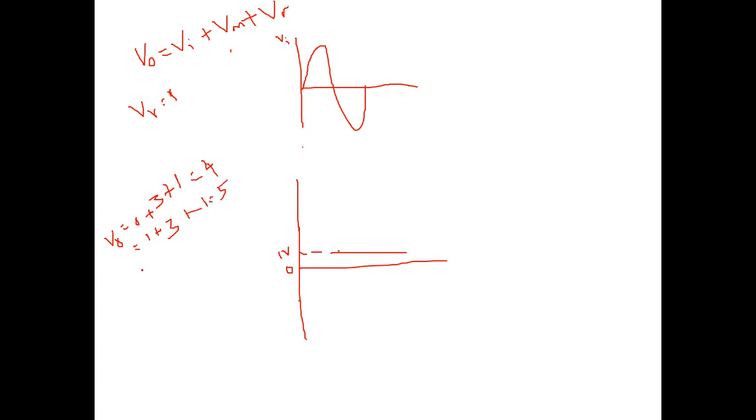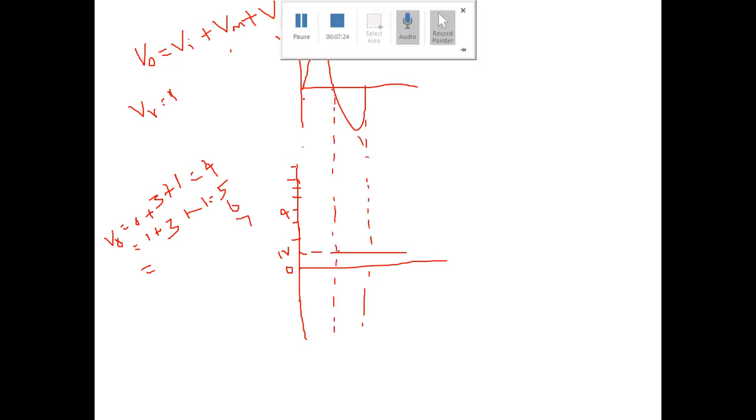If it is 2, then it will be 6 volt. If it is 3, then it will be 7 volt. So during the positive half cycle, the output voltage varies from 4 volt to 7 volt.